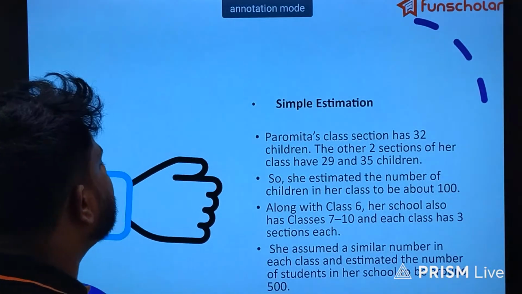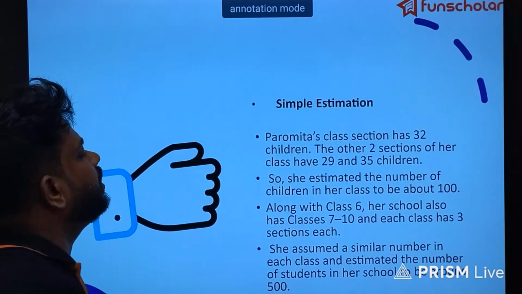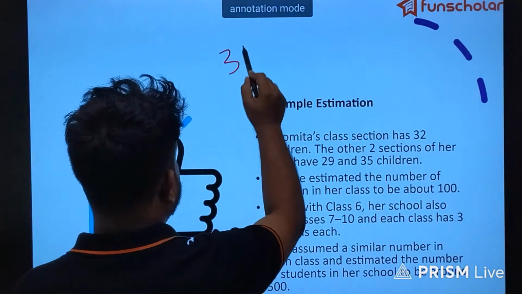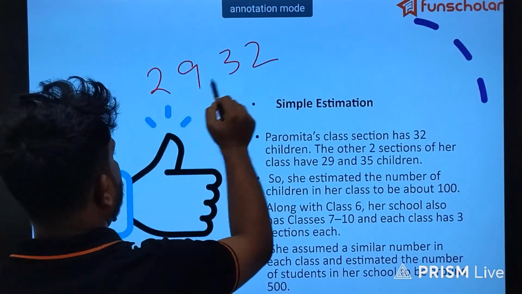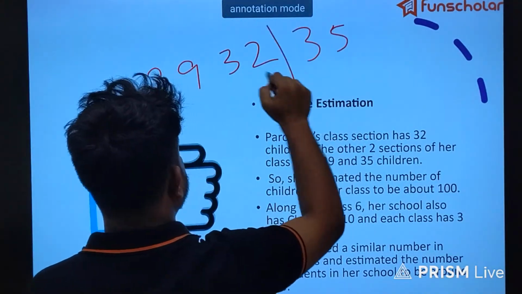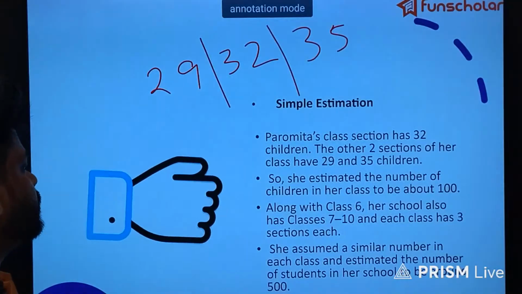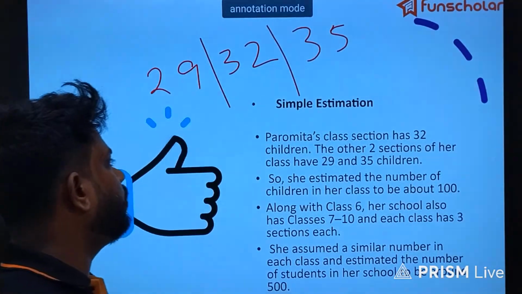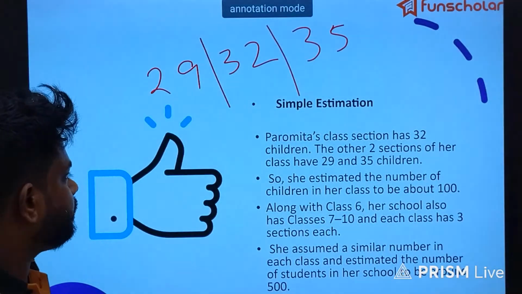So this section has 32 children, and the other two sections of her class have 29 and 35 children. So she estimated the number of children in her class to be about 100.